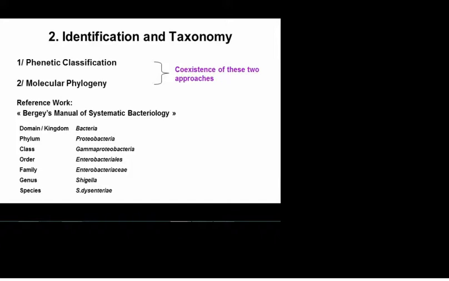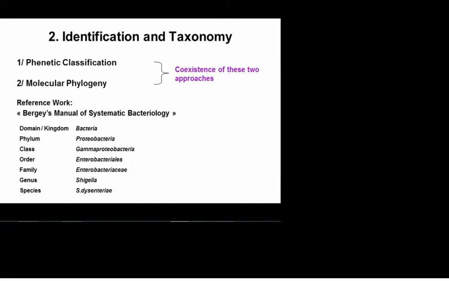So this is on a very practical level. I've isolated a bacterium from somewhere. I want to know what it is. So you've got to think about what it looks like, biochemical properties, this sort of thing. And then from this list of properties, try and construct a phylogeny.